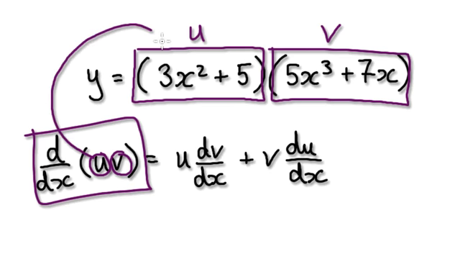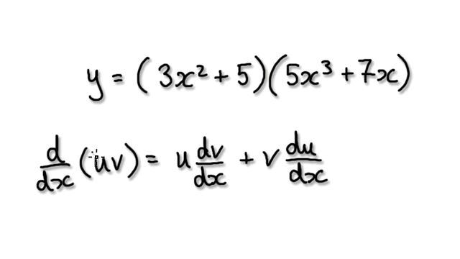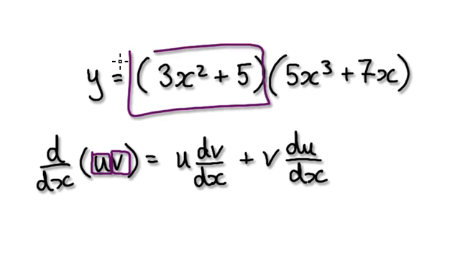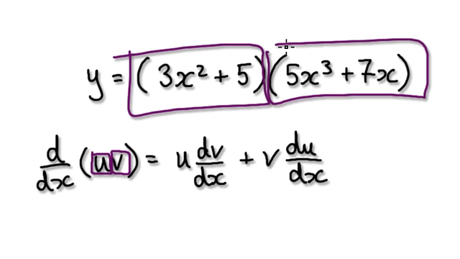So if you want to differentiate two things multiplying together, this block with this block, you differentiate this whole thing like so.